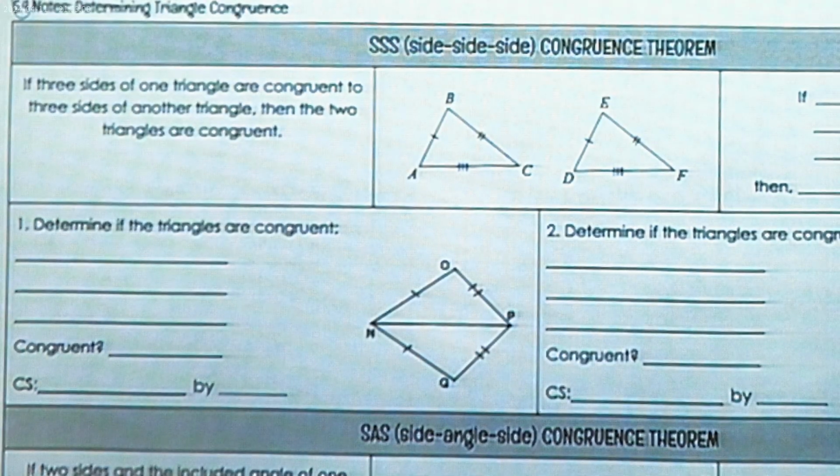If they're similar, and I'm recording this as we're working through the similarity unit, it means that the angles are equal, but the sides aren't necessarily. It's kind of like what we did with the transformation unit, where we had dilation. The shape itself was basically the same, but the sides would be a different length.